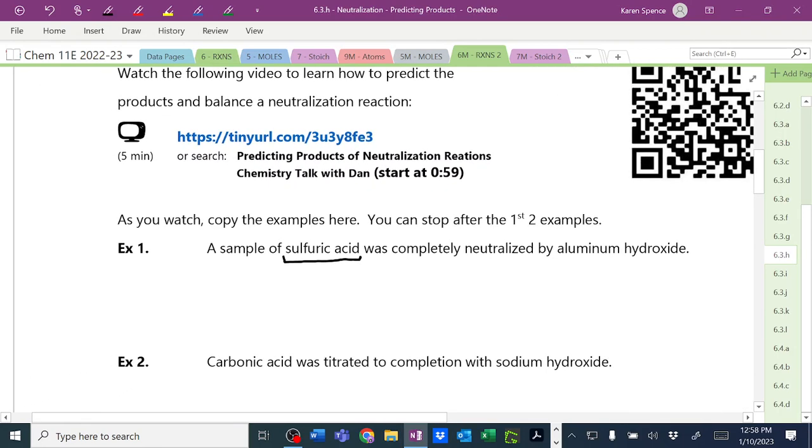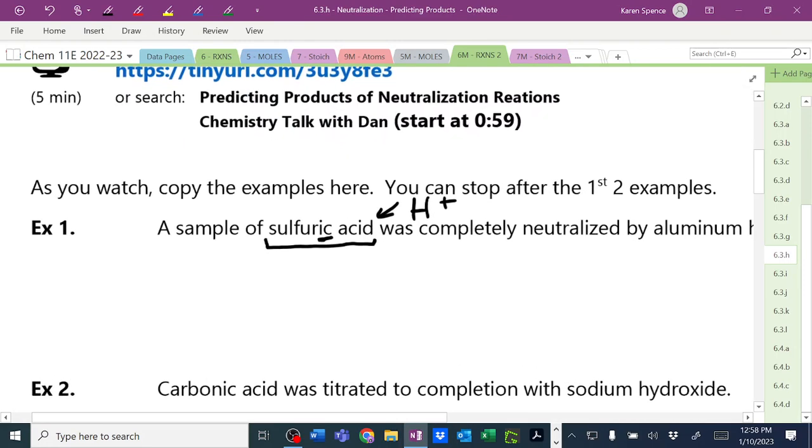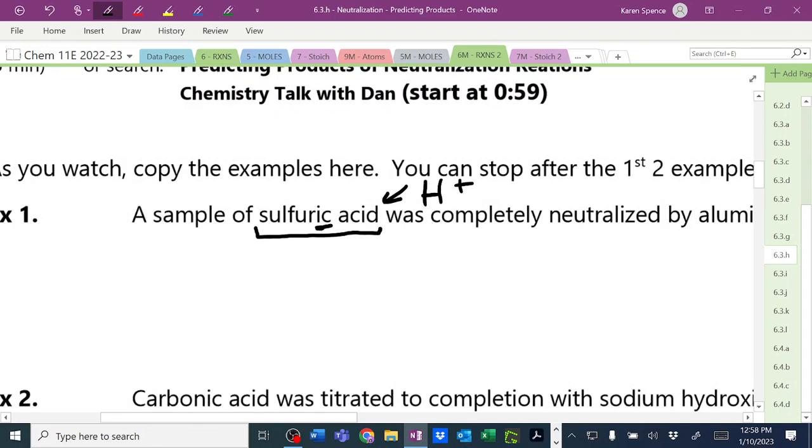So I'm just over here on the side going to figure out the formula for sulfuric acid. It's an acid. So what is the positive ion in an acid? I have H+. Now I have sulfuric acid. Ic acids are what kind of ions? Ic acids come from ate ions. I ate something icky, yes?